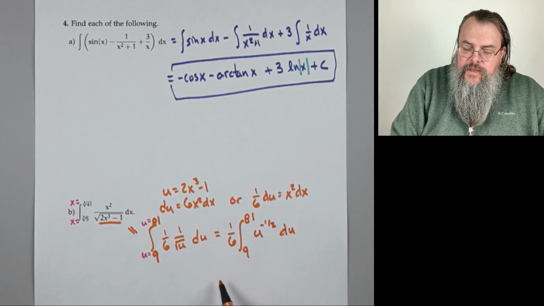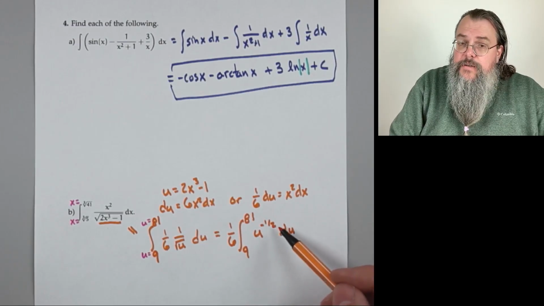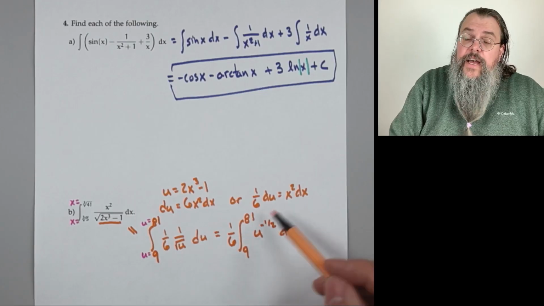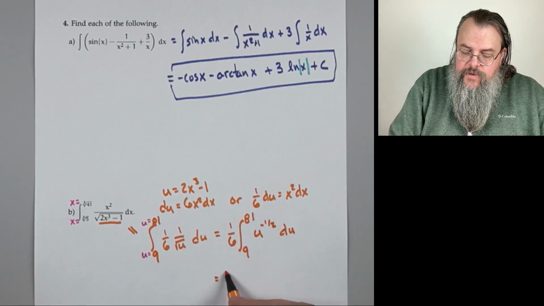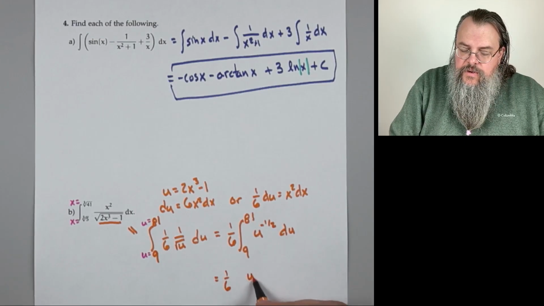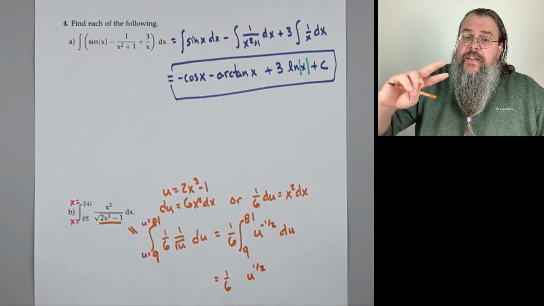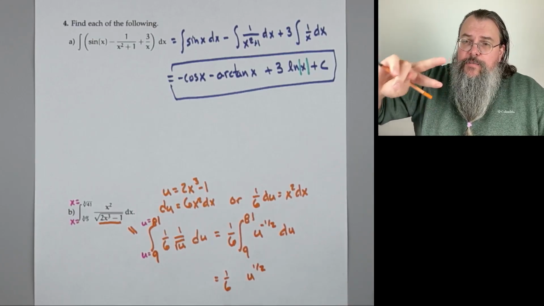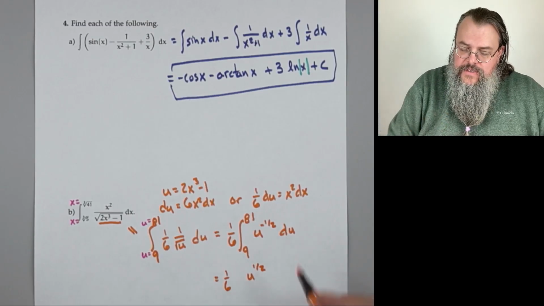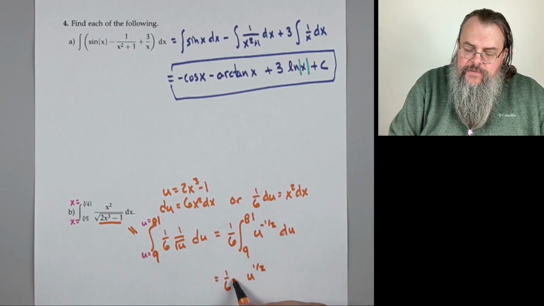Now we're ready. So the rule says add 1 to the exponent. Negative a half plus 1 would be a half. So we have 1/6 u to the half. And then you have to divide by the exponent or multiply by the reciprocal. So the reciprocal of a half is 2.